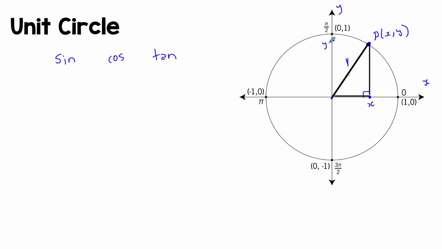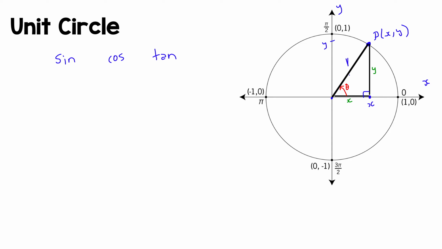So I could write this as y and then this as x just to define the distances as well. Something else I'm going to do is define an angle. So I'm going to go anti-clockwise, which is how we will work with angles from now on. We're going to work anti-clockwise. So this is my angle theta.